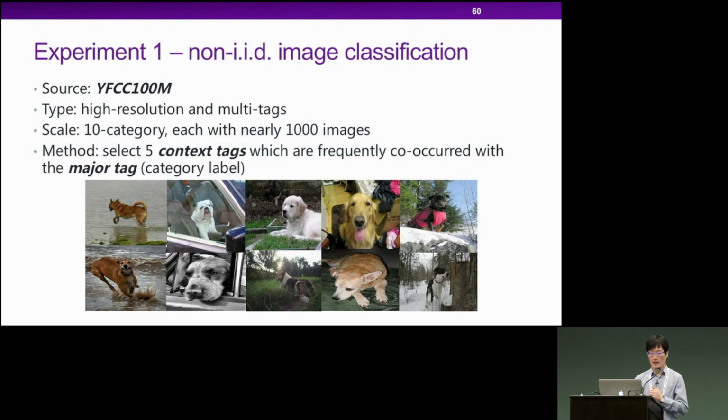This is a data set, and in this data set we are trying to make it easy to generate this kind of distribution change. These images are just dogs, but we divide them into different contexts. For example, these are dogs in the water, this is in a car, this is on the grass.